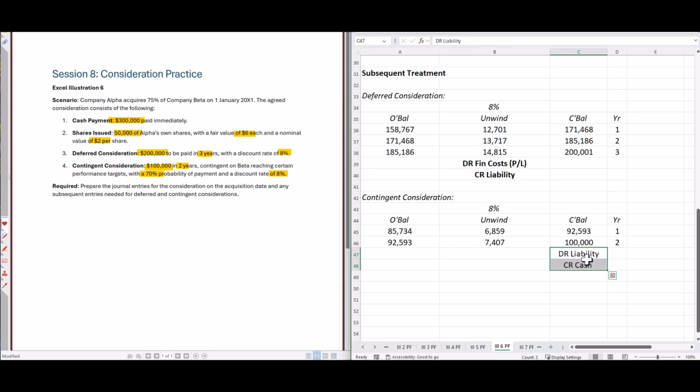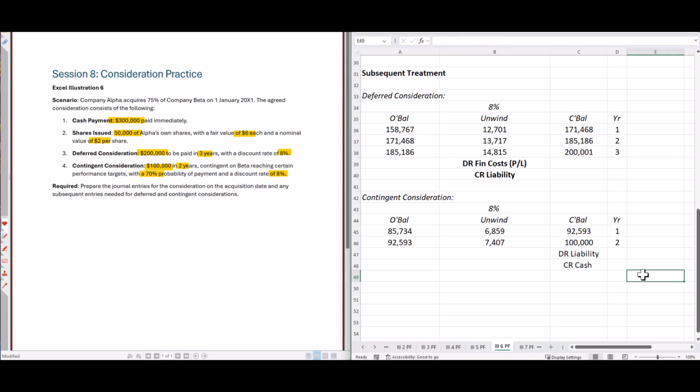So obviously you need to build the liability up over the number of years by unwinding it, or else it won't match. If you had left it at 85, well then by the end you would still have 85 sitting there, but you'd actually pay 100. So that's why we have to do this bit to unwind the discounting that we did, and we take it to the P&L each year as a finance cost.